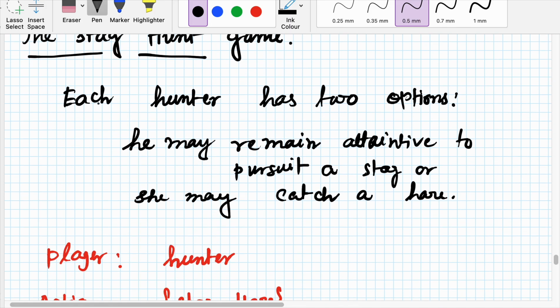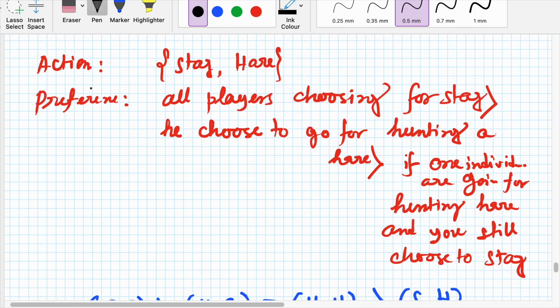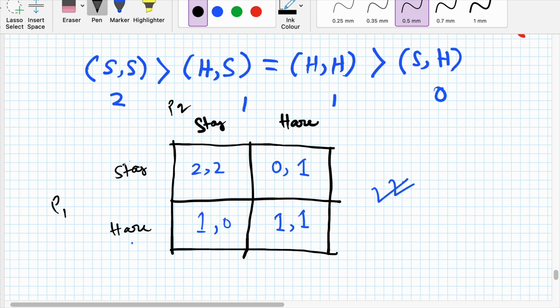So this kind of situation can be characterized by the stag hunt game. Everybody in the group prefers to catch a stag over catching a hare. However, if anyone prefers the hare, then whoever prefers the stag will lose out, because that individual will not succeed in hunting a stag alone.